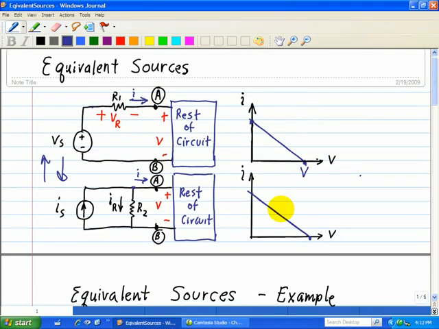So let's analyze the top diagram, which consists of an ideal voltage source in series with R1. Here we're going to use KVL.